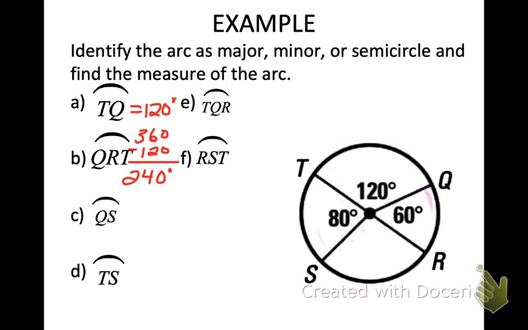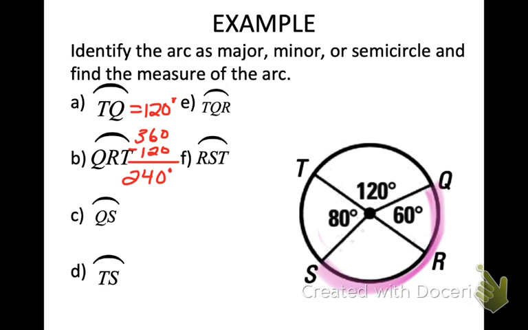Now let's find Q to S. So now I'm going to go the shortest distance to Q to S. Oh, I have some unknown information here. So we've got multiple ways we could do this. Who thinks they know how to do that? Lily. Add them all up and subtract them by 360. To get this? Okay, so we could do that. So 80 plus 120 is 200. 200 plus 60 is 260.